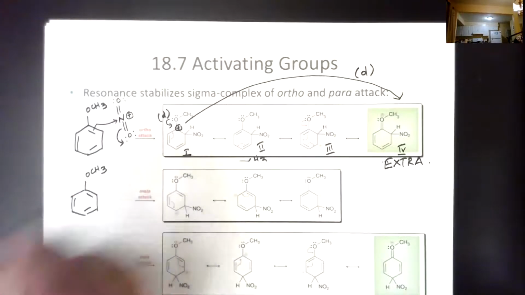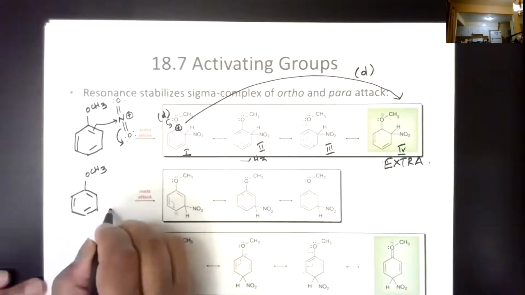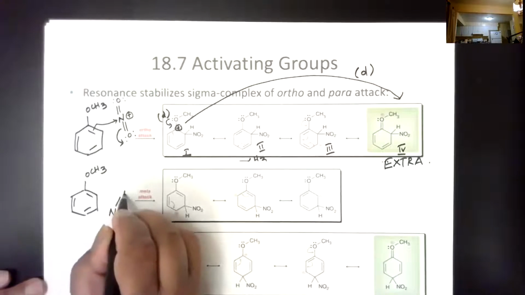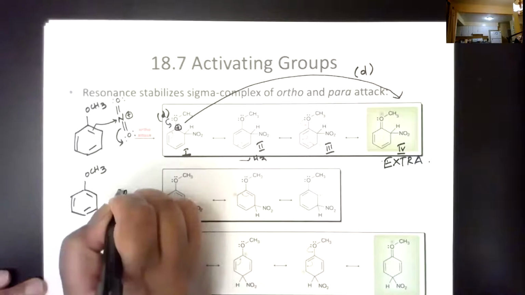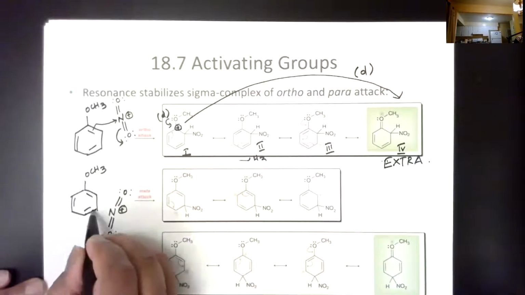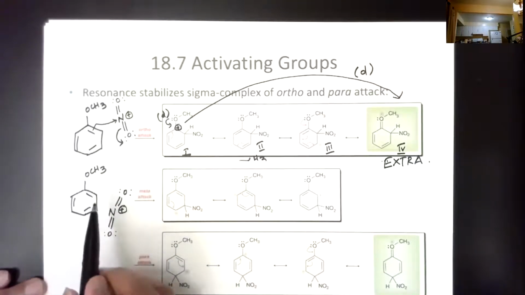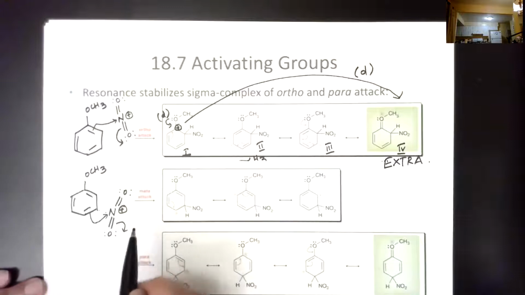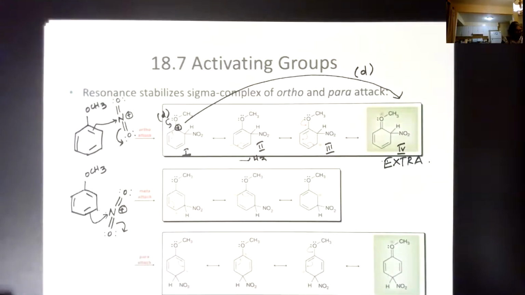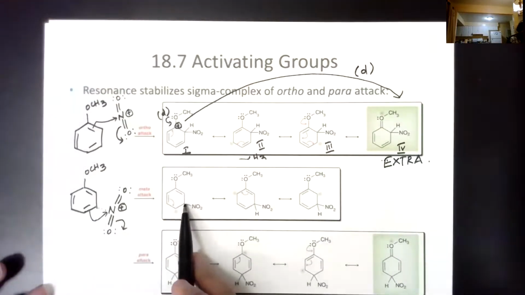Now let's see what happens when the anisole tries to grab a nitro group. Okay, so it should go there. So this guy, it attacks this position.